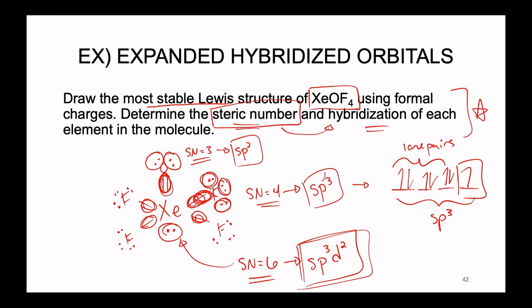All right, so even though I didn't explicitly ask in this problem for an electron configuration, we can still see how it connects to this type of problem, and that you don't necessarily need to make it more confusing than what it is. If you can identify the steric number, you can identify the hybridization. And if you can identify the hybridization, you can rewrite an electron configuration in a pretty straightforward way.